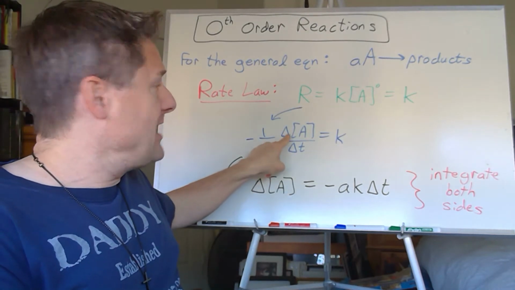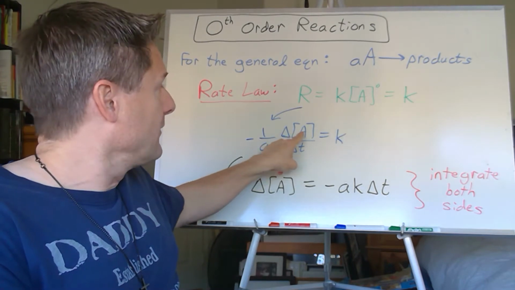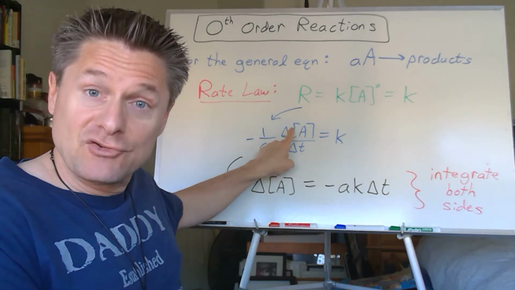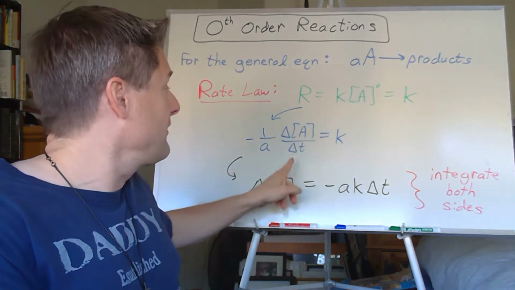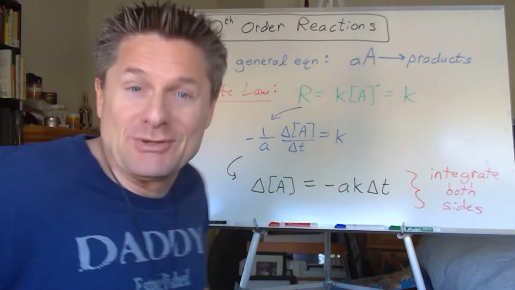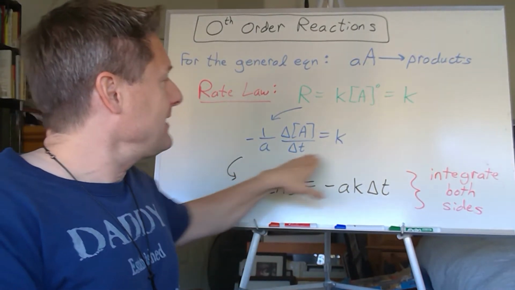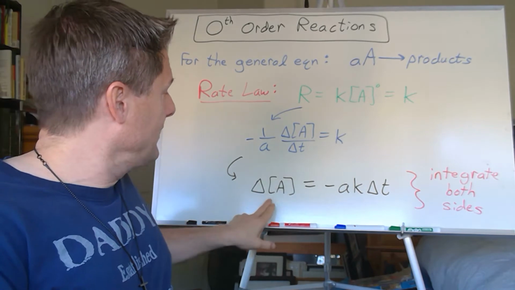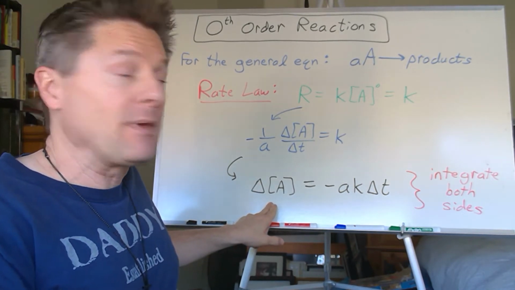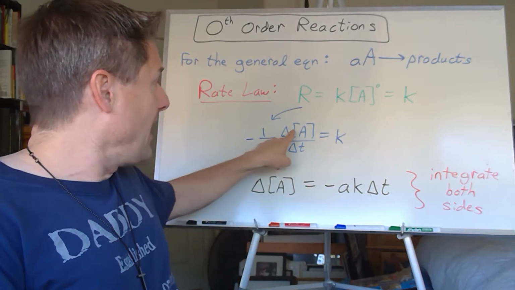Well, we've got a changing term in the concentration of A and a changing term in time: final concentration of A minus initial concentration of A, final time minus initial time. Let's separate those terms out. Let's put the changing concentration on this side. Oh, and my calculus friends, differentials maybe. So let's isolate that term.